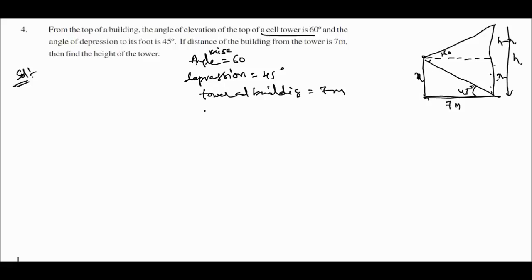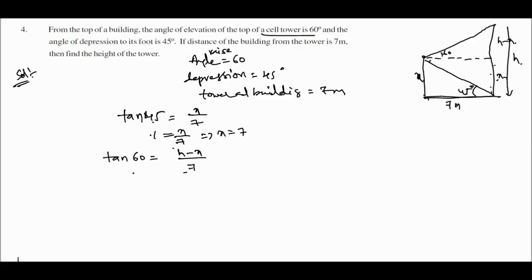Tan 45 is equal to x by 7. Tan 45 is equal to 1, so 1 is equal to x by 7, and x is equal to 7. Next, tan 60 is equal to (h minus x) divided by 7.